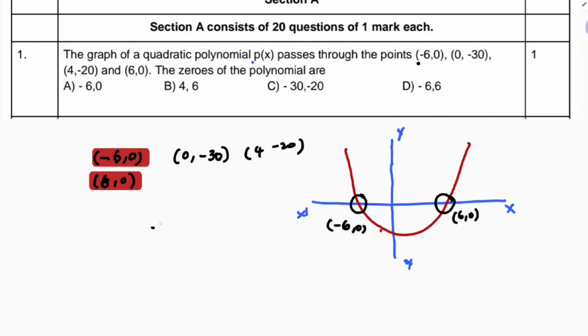So the zeros are minus 6, 6. Because the other values, if you observe, one is on the y-axis, 0, minus 30 is somewhere here on the y-axis, and 4, minus 20 is in the 4th quadrant. So the zeros of the polynomial are minus 6, 6. So the correct option is D.